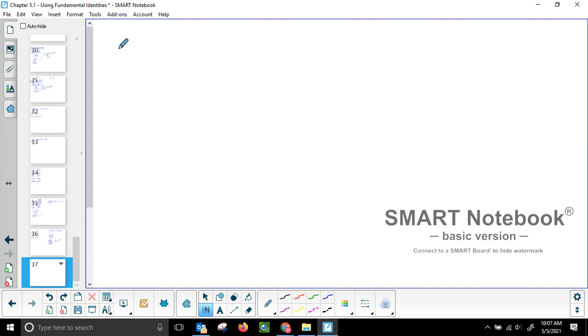On the worksheet that I just handed out, we'll first look at number one. Number one says secant of x minus tan of x times sine of x is equal to 1 over secant x.